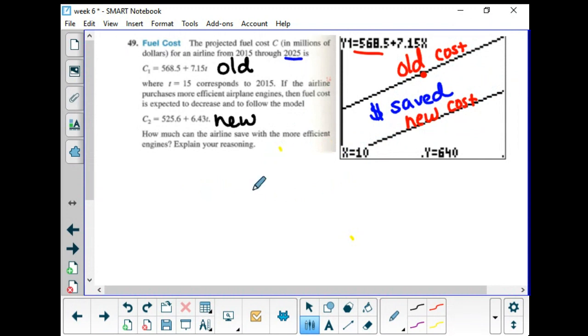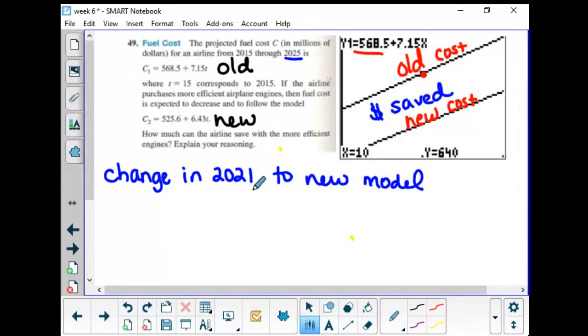Let's say we make a change next year so that up to 2020 we were following the old model. And in 2021, we make the changeover, we adjust the engines, do whatever we need to do so that we're running according to the new cost model.